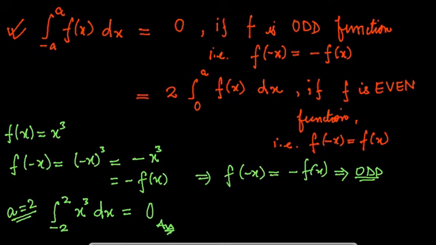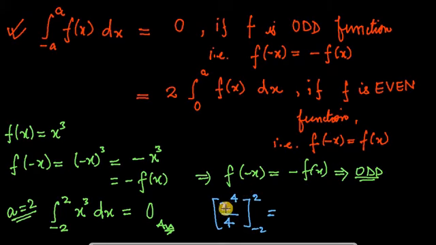Just to confirm, let's do the calculation for this question, to check whether this property is true or not. The integration of x cube will be x to the power 4 divided by 4, within limits minus 2 to 2.